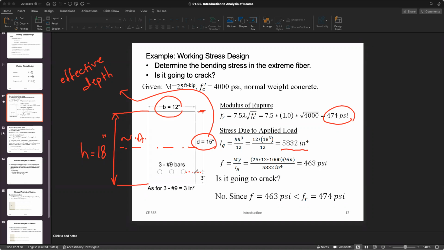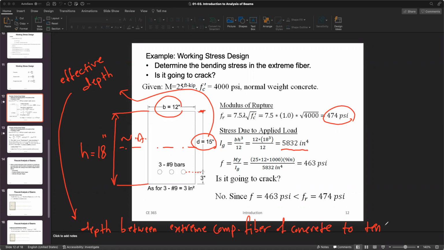If I want to give a definition for it, I would say the depth between the extreme compression fiber of concrete to tension steel.